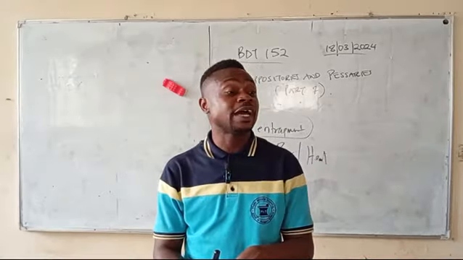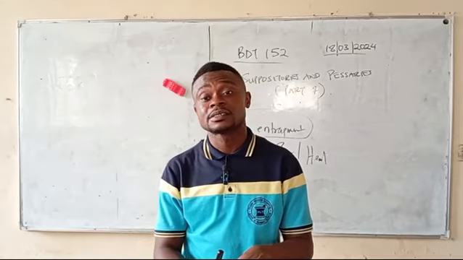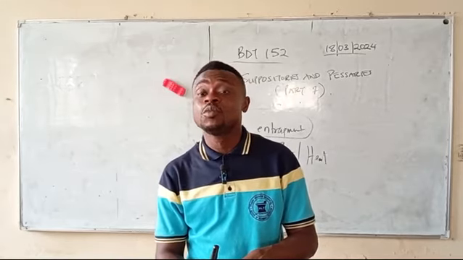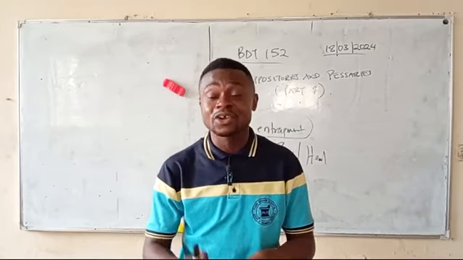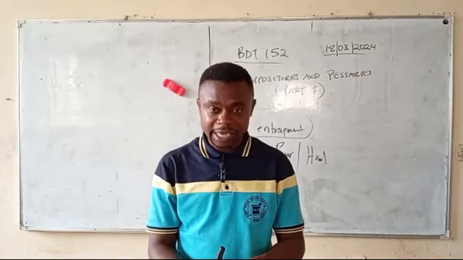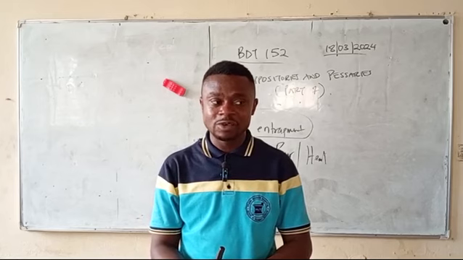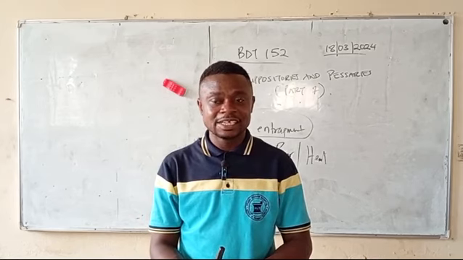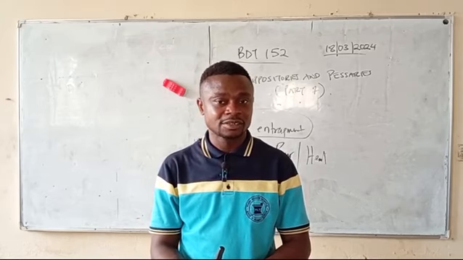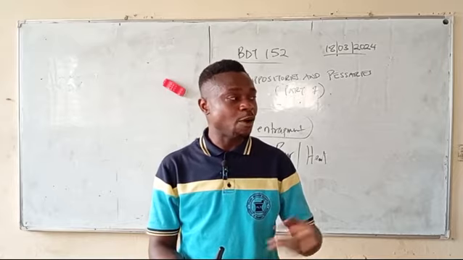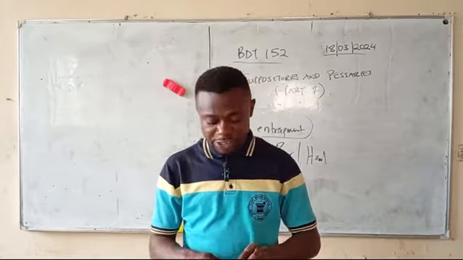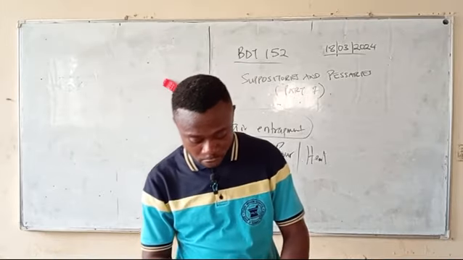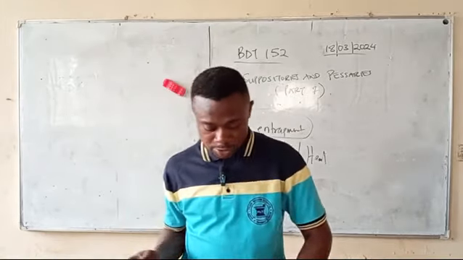Where do we have much air entrapment? There is no chance of air entrapment and contamination here. Can someone tell me the reason why you have no contamination? In the other ones, your hands are involved. But in this one, there's no chance of contamination.